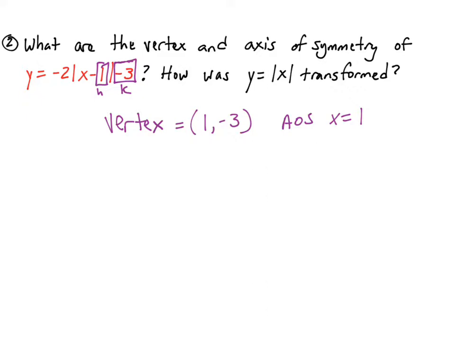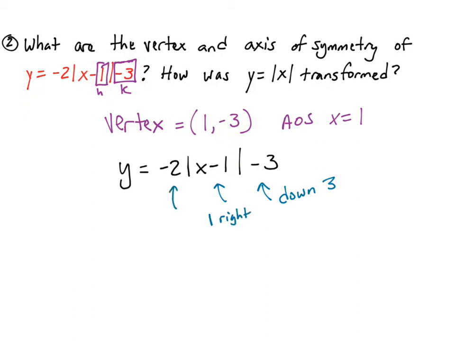And then how was this transformed? Let's quickly dissect it. This is going to be shifted down 3. This will be 1 to the right.